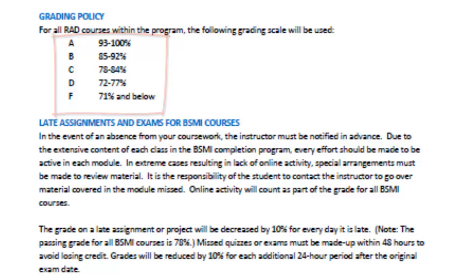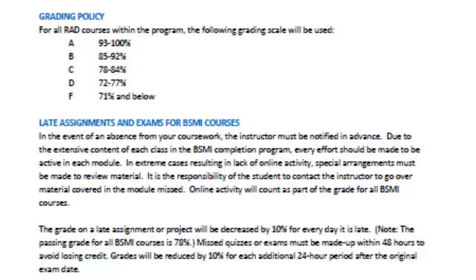So the big one that can catch people off guard if they're not aware of how our grading policy works is that a 93 to 100% is an A. So if you added all your points up at the end of the course and you got a 92 and you think, oh, that's great, I got a 92, and then you look on Empower and you realize, oh, I only got a B. Again, a 92 is actually a B. For some other institutions, it might be an A or A minus.